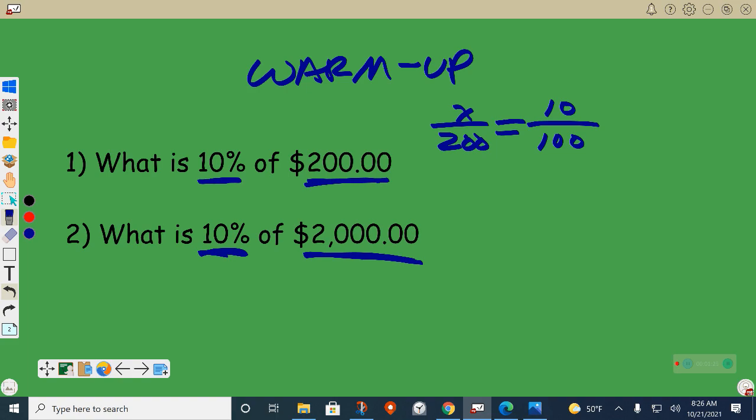Let's cross multiply. Cross multiplying. Here we go. 200 times 10 is going to be 2,000 if my coffee has kicked in. And 100 times x is 100x. Let's get x by itself.